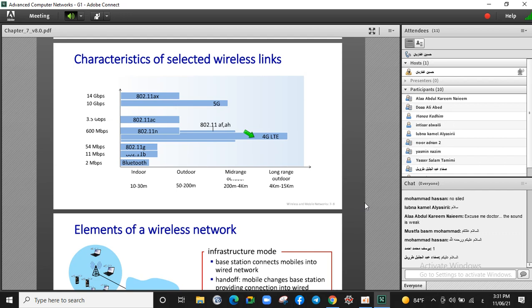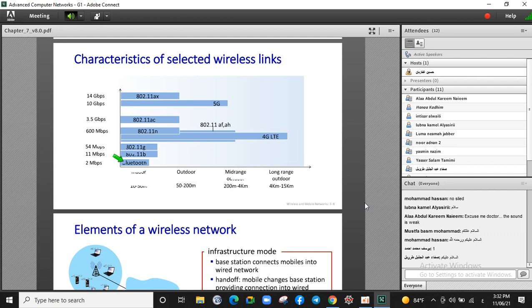And those technologies have different frequency bands. They have different transmission rates, and their coverage range is different. For example, when I'm talking about Bluetooth technology, I know that the communication range of a Bluetooth device is about 5 to 10 meters.